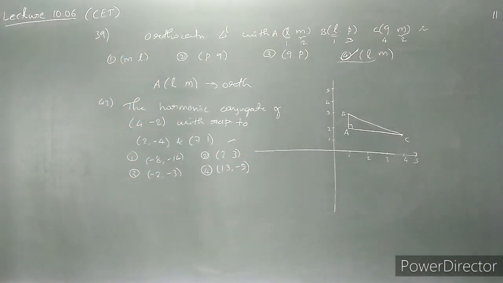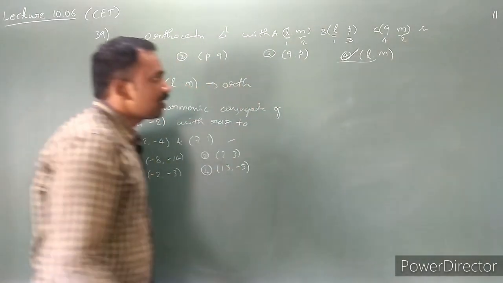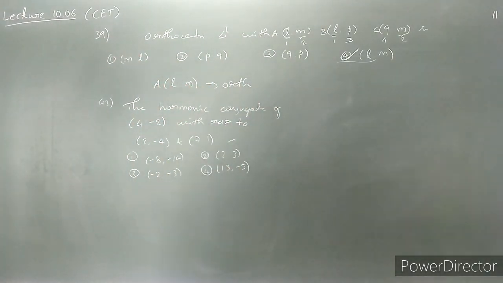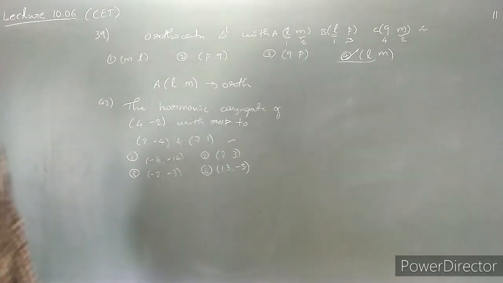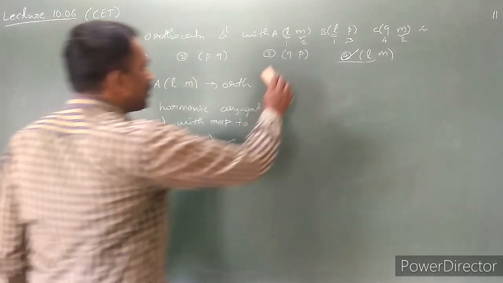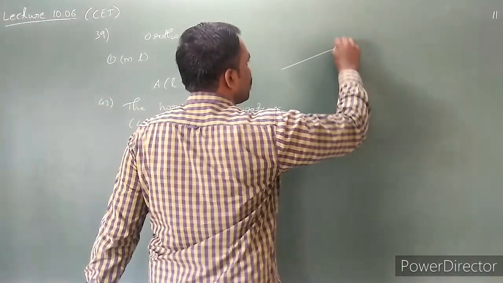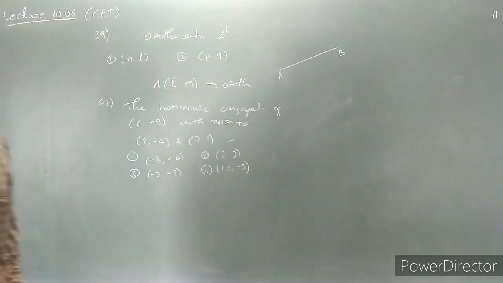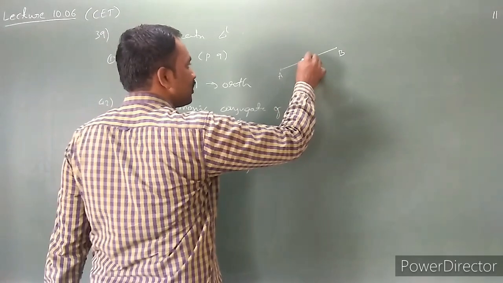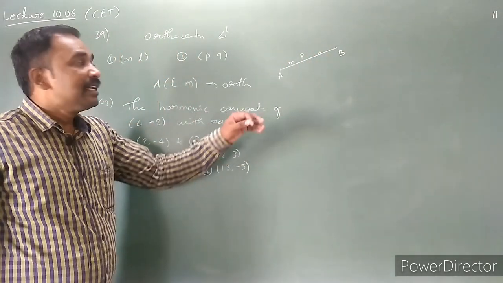In this problem, we are required to find the harmonic conjugate. I think people have already thought about what is meant by harmonic conjugate. Suppose AB is a line segment. For this line segment AB, P is a point. This point P divides the line segment in the ratio m is to n internally.